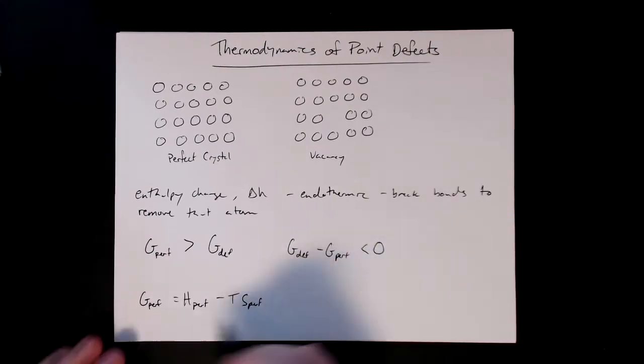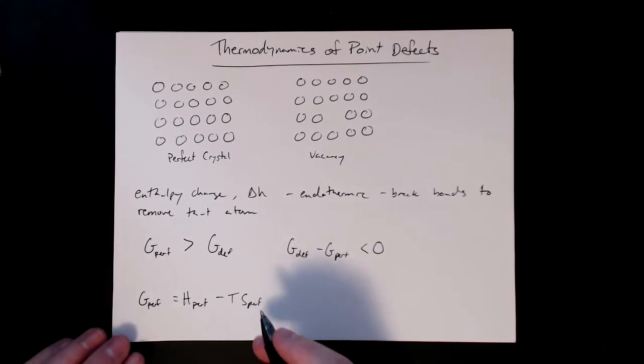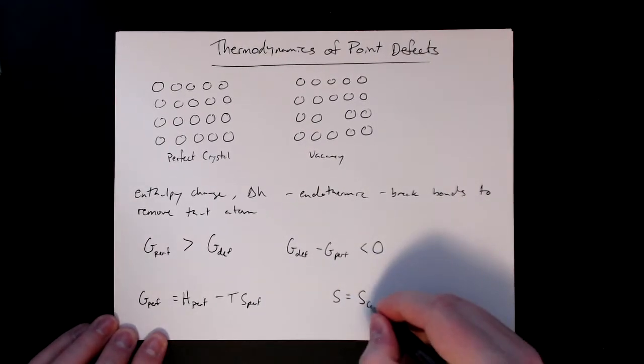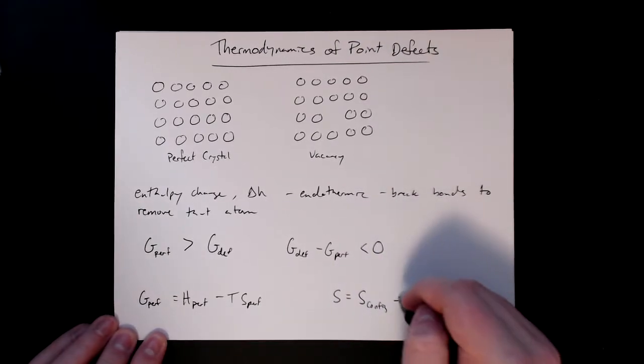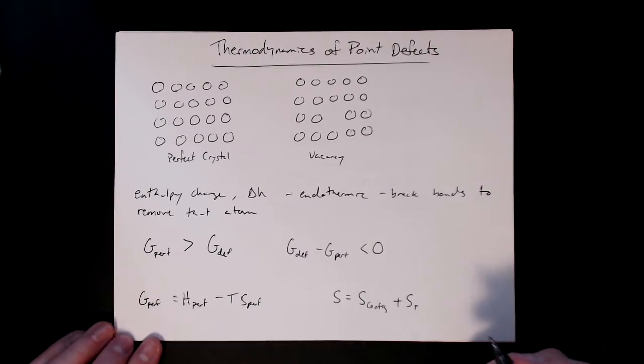So that's just our definition of Gibbs free energy. Then we've talked about all the different forms of entropy. So our entropy here is actually going to be both the configurational, the different configurations that we have, plus a thermal term. And we'll limit it to those two terms.